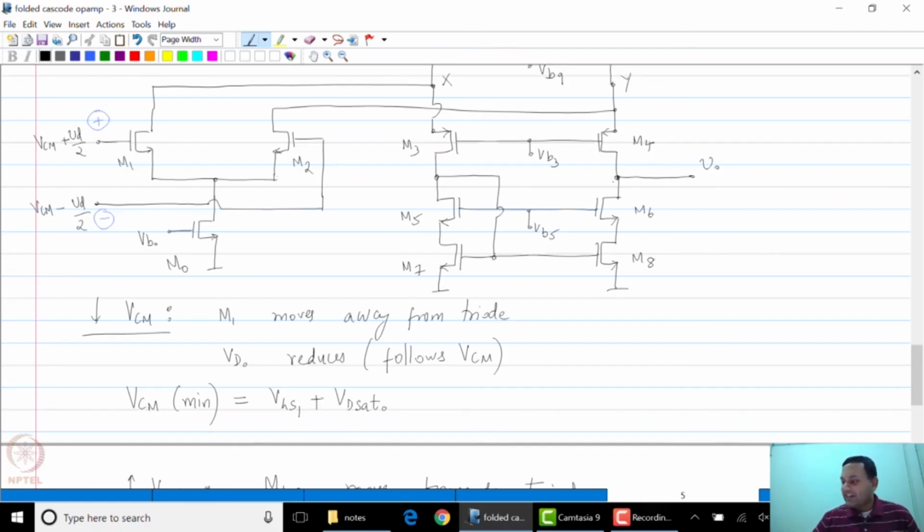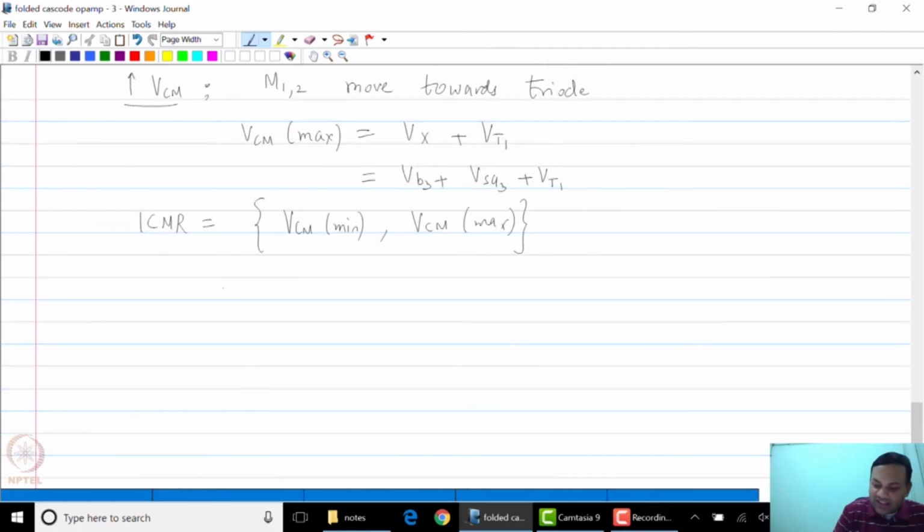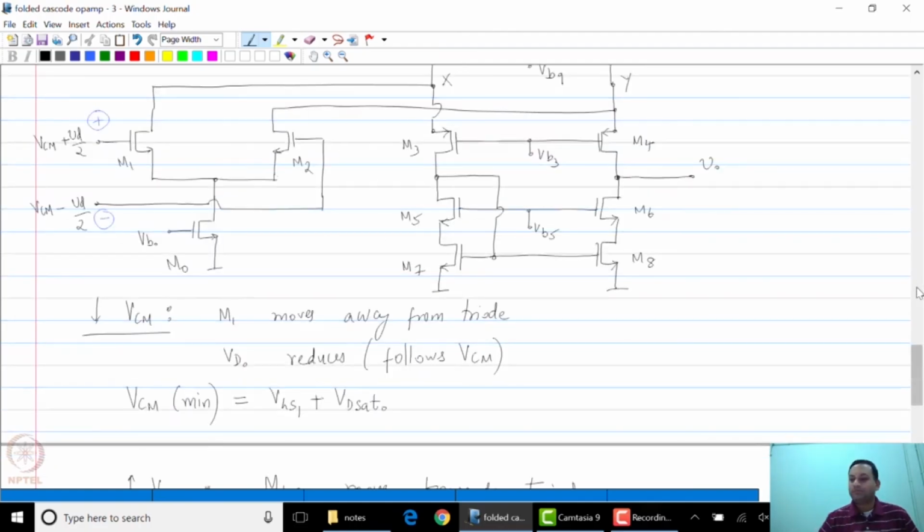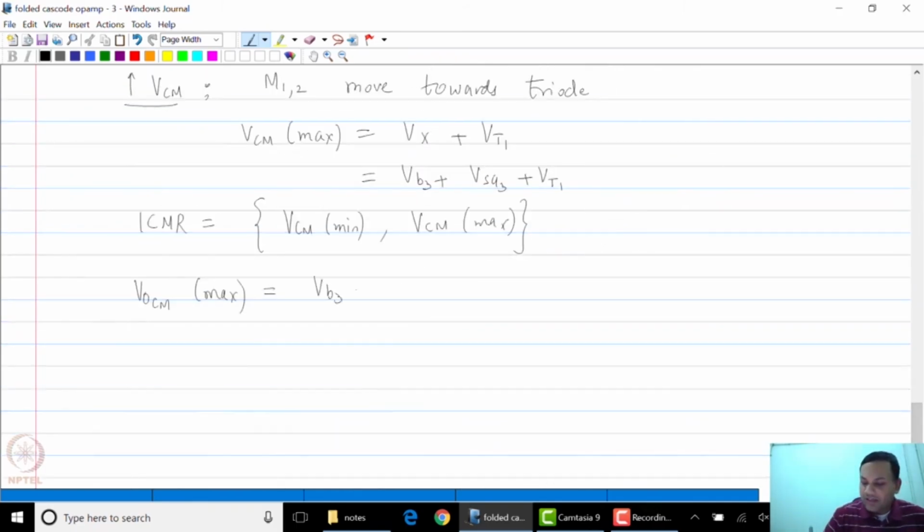The maximum voltage that can be achieved at the output, so VOCM max, if the output voltage starts increasing, you can see that the gate of M4 is held constant, which is VB3, and the drain voltage can rise one threshold voltage above the gate, for the PMOS transistor. So therefore VB3 plus VT4.